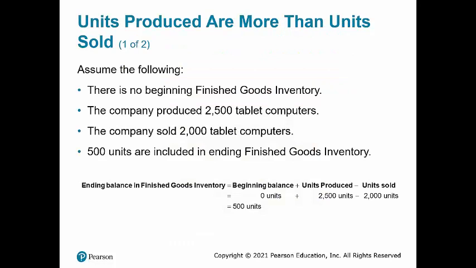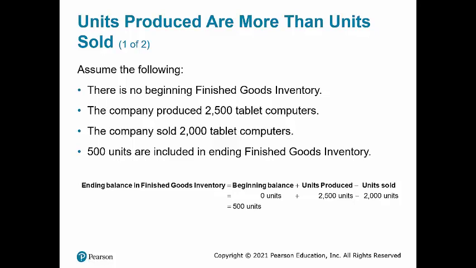Assume that there is no beginning balance in finished goods inventory. If the number of units produced exceeds the number of units sold, then there is an ending balance in finished goods inventory. In this case, operating income under absorption costing will exceed operating income under variable costing.